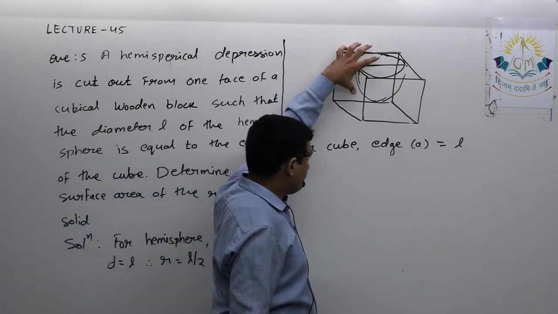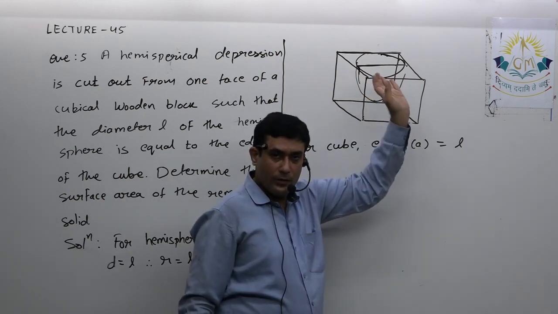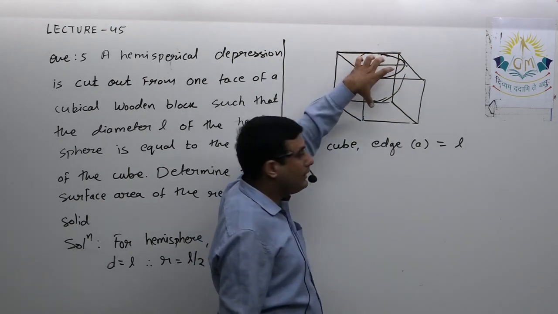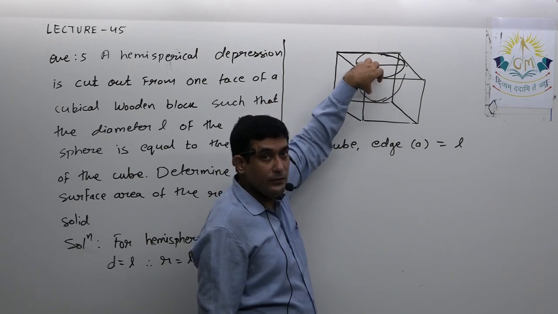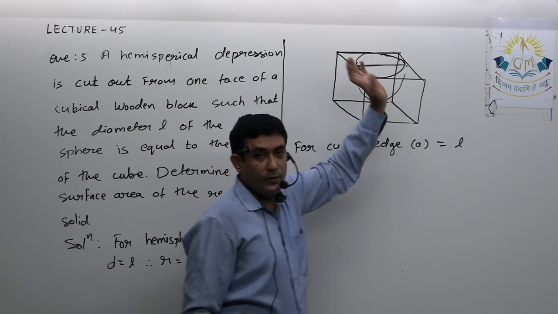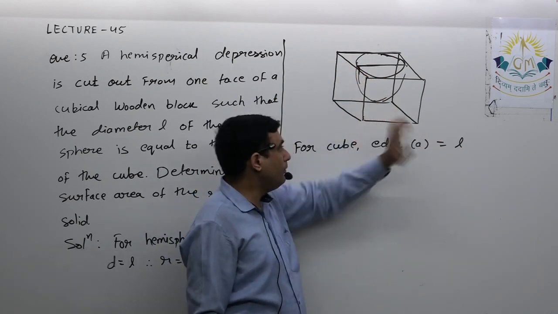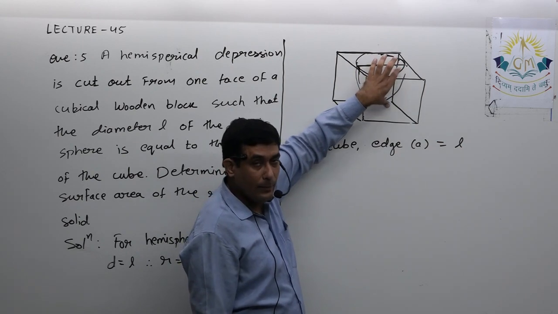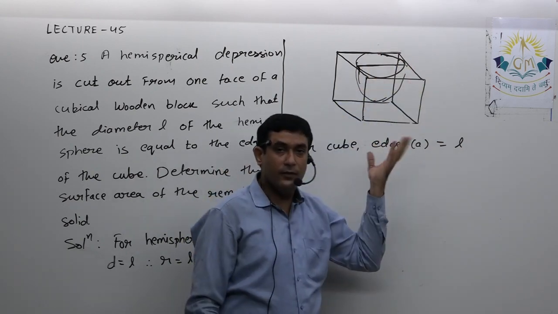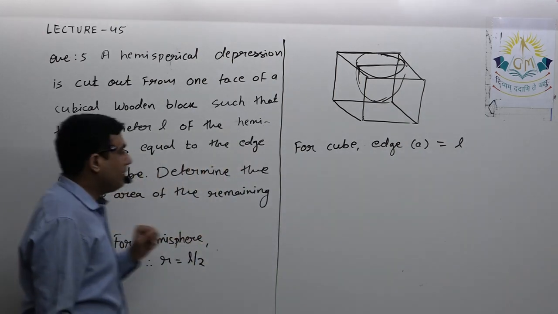When a hemispherical cavity is taken out from this cube, you will be able to see a hemispherical depression within the cube, isn't it? We are taking out something, so definitely volume will be less. In case of volume, we can say volume of cube minus volume of that hemisphere which is taken out. That will be the volume of the remaining solid. But here they are asking the surface area of the remaining solid.